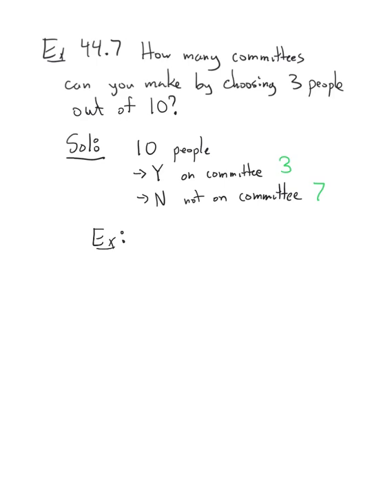If I write N, N, Y, N, Y, N, N, N, Y, N, this means that person 3, person 5, and person 9 are on the committee, and people 1, 2, 4, 6, 7, 8, and 10 are not on the committee. So assign everybody a place in the word, and this is how to write down who's on the committee.